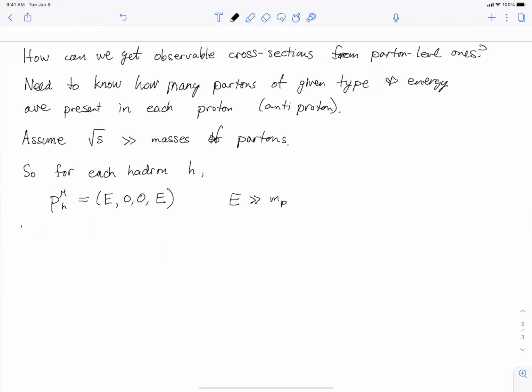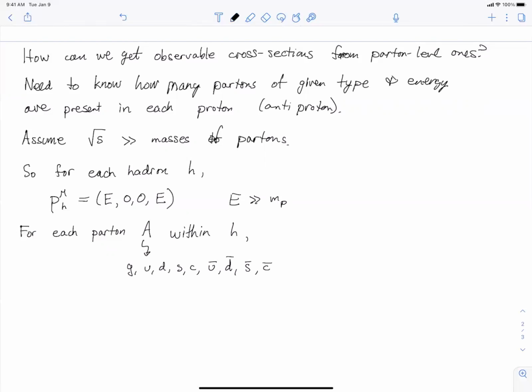And then for each parton within the proton, we'll call the partons A, within the hadron, the proton or antiproton. The partons could be gluon, up, down, strange, charm, up bar, down bar, strange bar, charm bar.